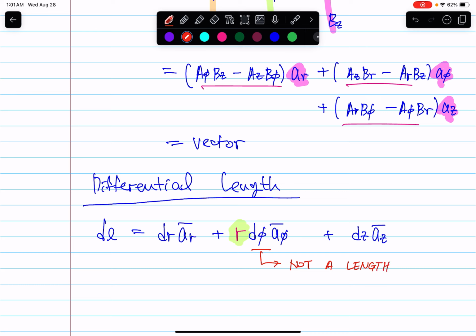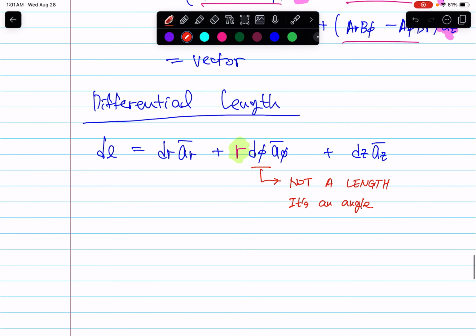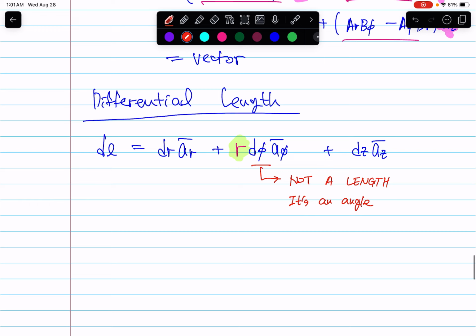It's not a length alone, it's an angle, right? It's an angle. So if you think about the arc length of a pizza, and the pizza's radius, the angle is pi.